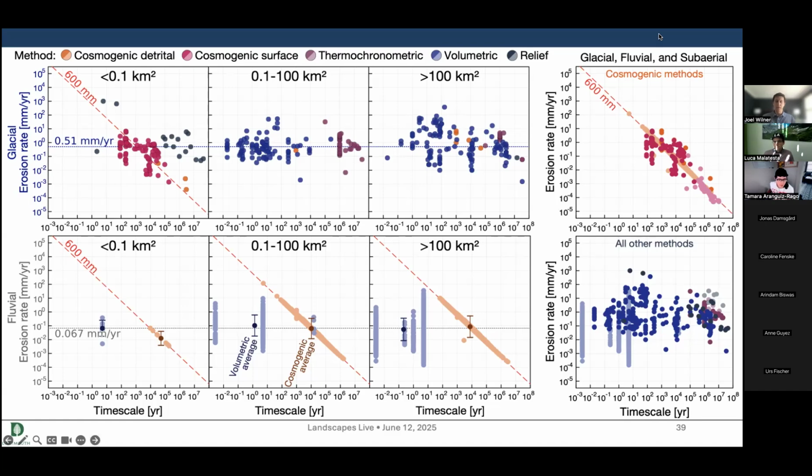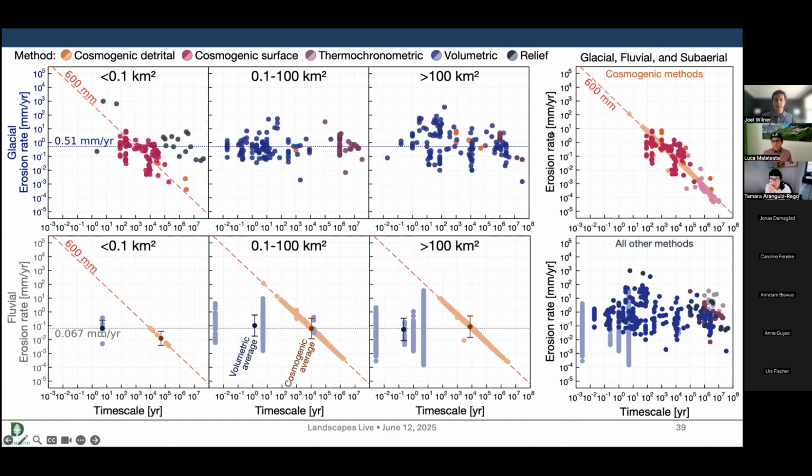Okay. So the global budget of glacial versus fluvial erosion. We don't really talk about the precise budget or volume of glaciers versus rivers that may act on a global scale.